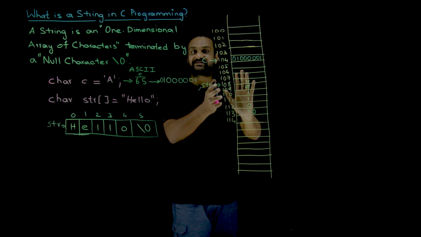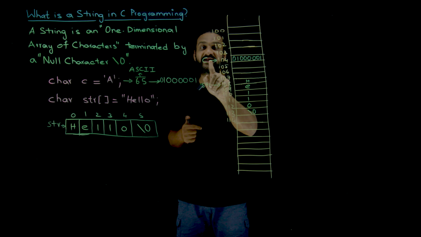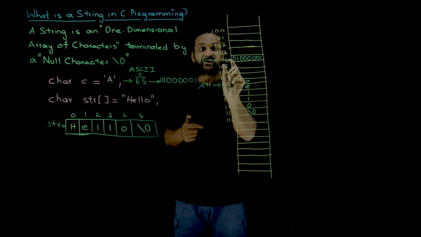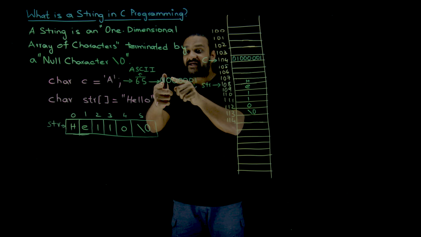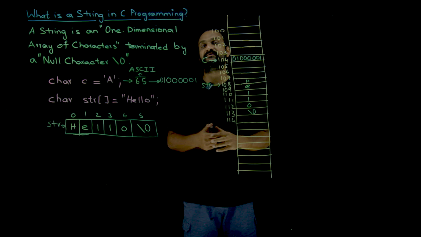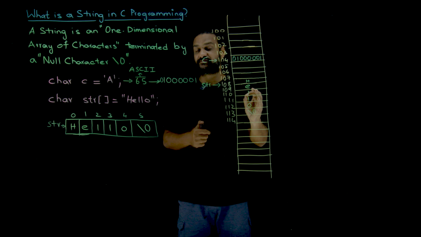For example, if you consider our memory diagram, let's assume that the compiler has allocated memory location 104 for character C. Now the binary equivalent of 65 will get stored on the memory. So this is how the characters will get stored.